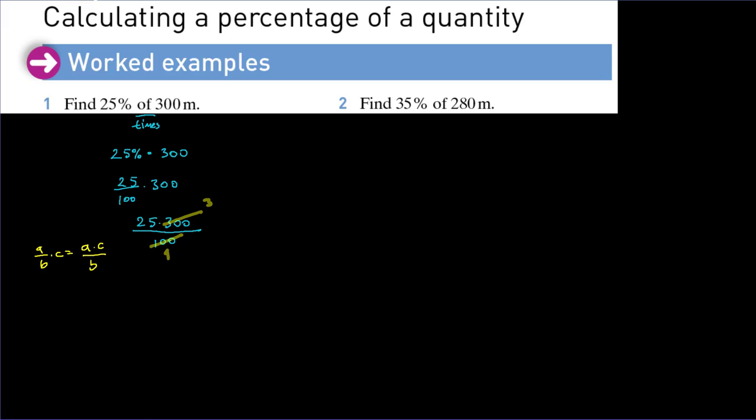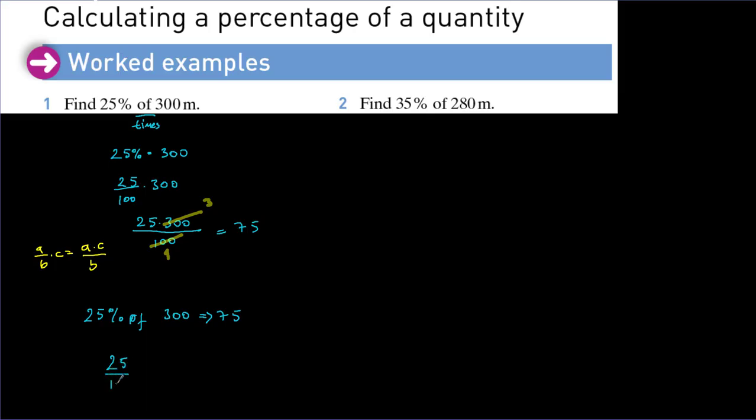So the answer should be equal to 75. So if I finish this operation from the beginning, 25% of 300 is equal to 75. It has to be.